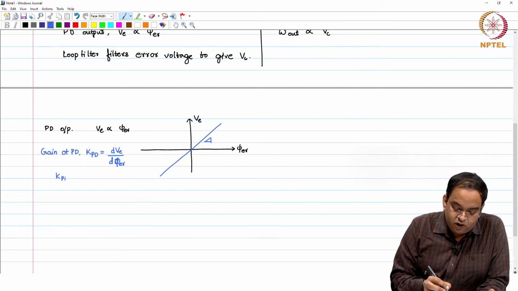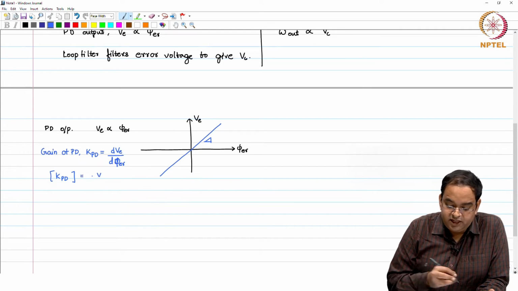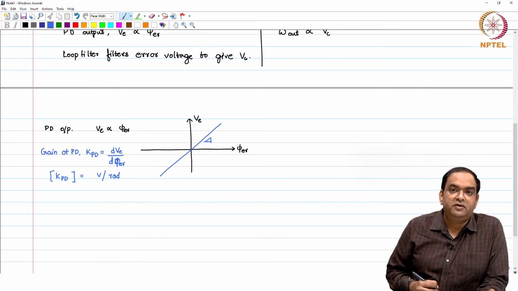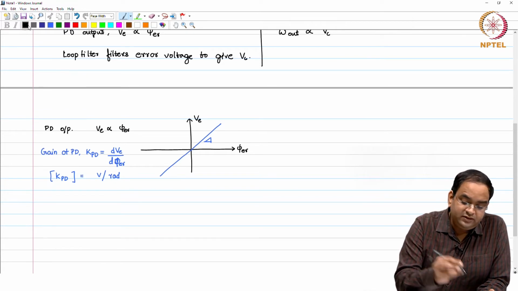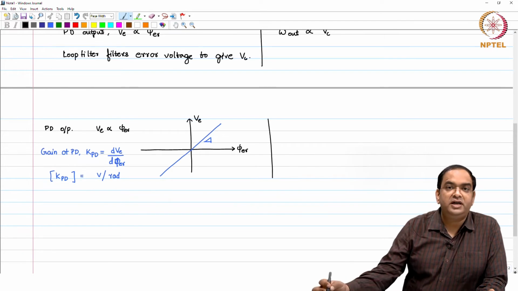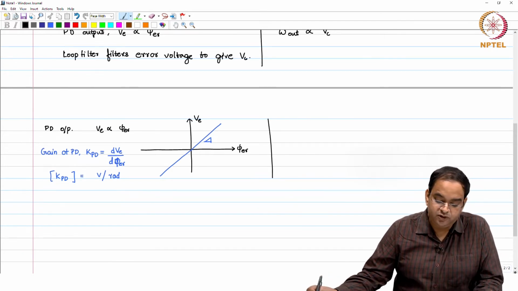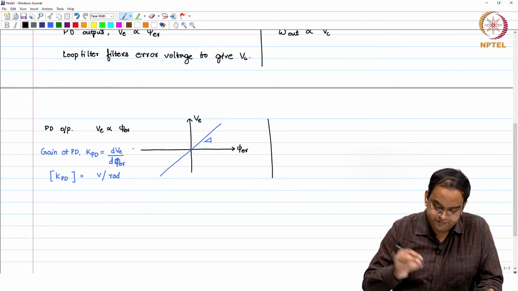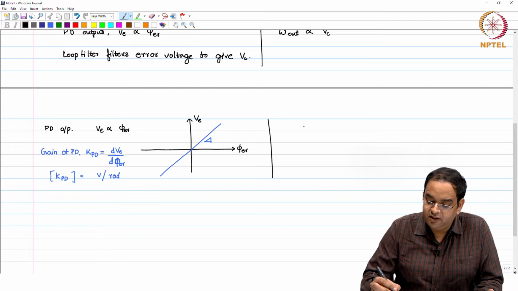The units of K_PD, if you look from here, will be voltage with respect to radians, because phase is measured in terms of radians. So, once you get the PD output, which is a voltage in proportion to the phase error, you filter it with the loop filter, which has a certain transfer function.